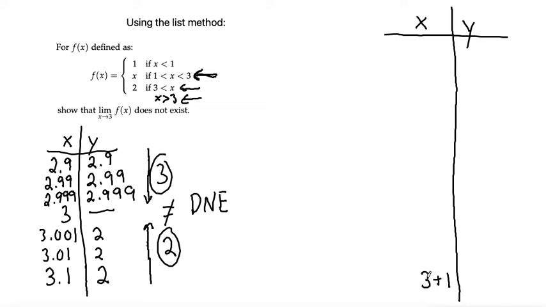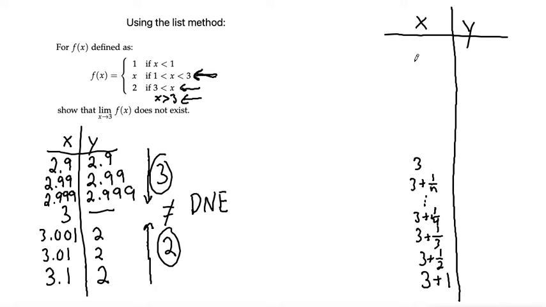The furthest right value would be 3 plus 1, and then 3 plus 1/2, and then 3 plus 1/3. So we're making the denominator of the fraction go up by 1 each time. 3 plus 1/4, etc., until we get to 3 plus 1 over n. So this would be as n is getting very large. And then the next value would just be 3.